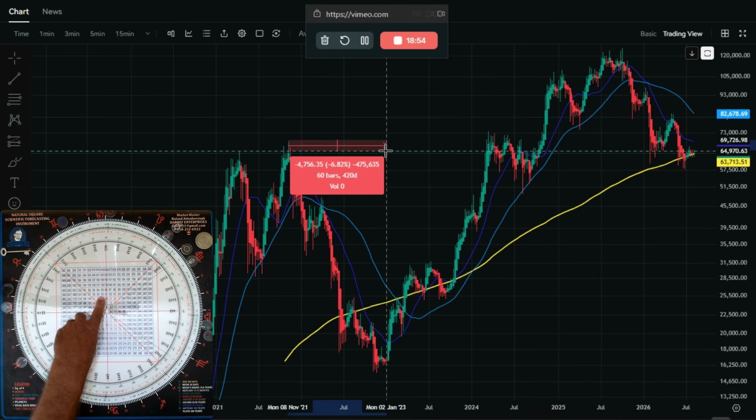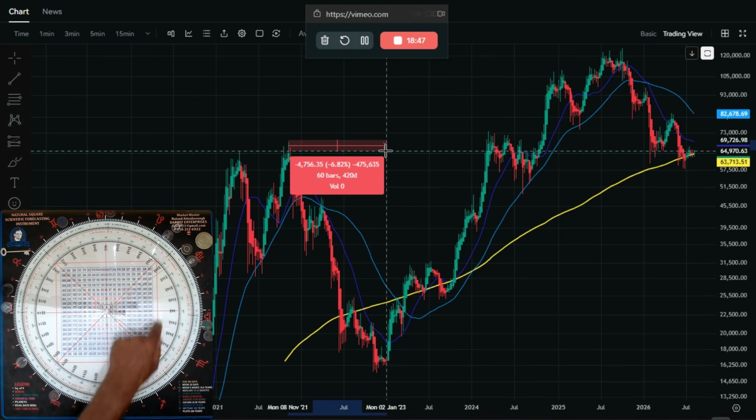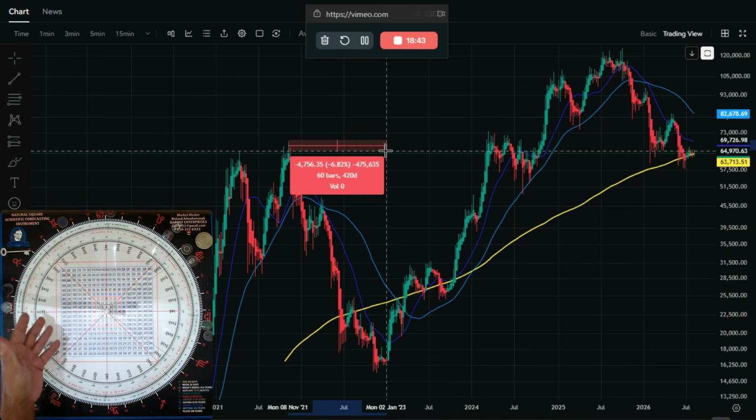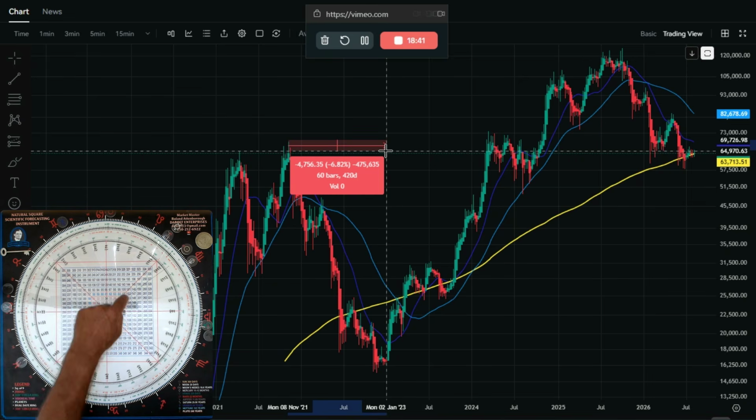So you can see how these red lines, these are the 8 octaves of the circle divided equally. And if you're a musician, you understand that greatly. There's 1, 2, 3, 4, 5, 6, and the 7th octave lines up here at 315 degrees of the circle. And that's, again, another death zone on the circle. And then, of course, the scale in music has to return back to the beginning again.